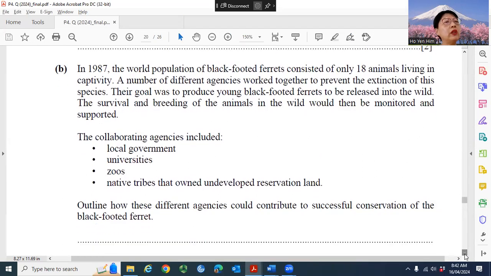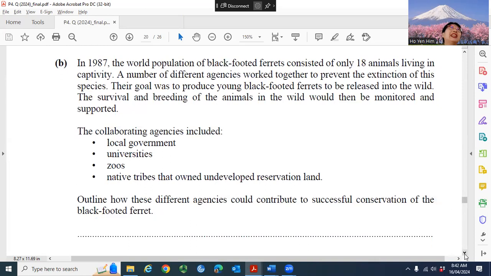This is a question where a lot of students can't really give the correct answer, because a lot of students give a general answer to the question. Whenever they ask you a general question, like suggest how conservation can be done, then your answer will be correct. But over here, they give us a scenario.